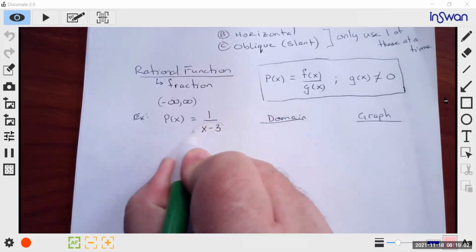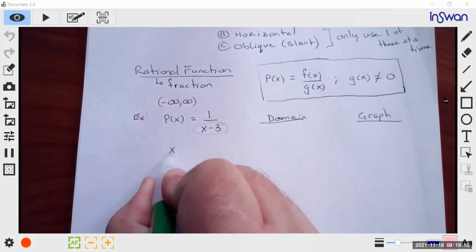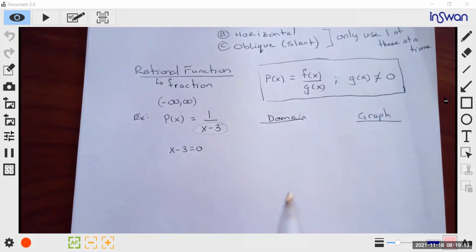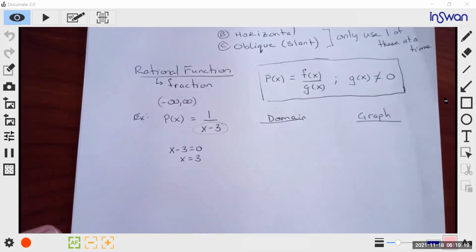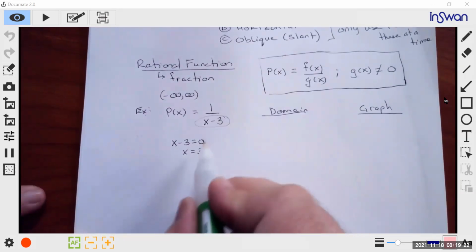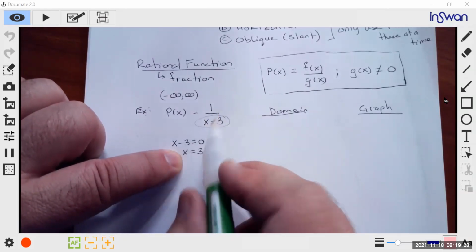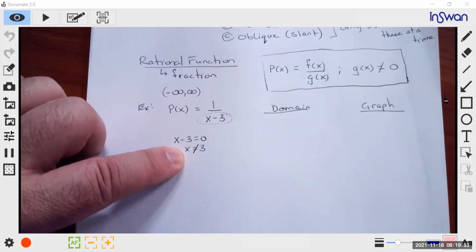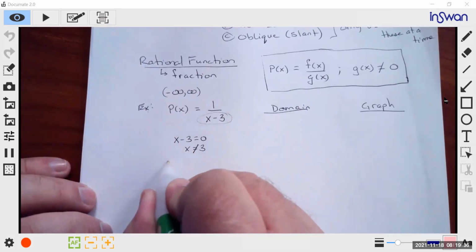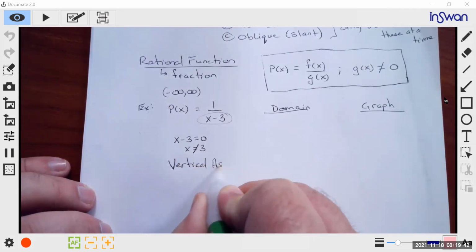So what do we do with that x minus 3 number? Set it equal to 0 and solve for x. Since if x equals 3, the bottom is 0, we cannot have that. So we cannot use 3 as an answer. That is what we call a vertical asymptote.